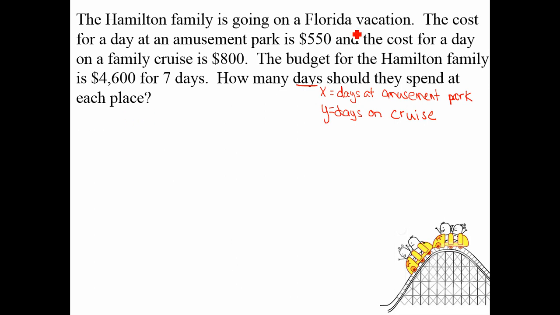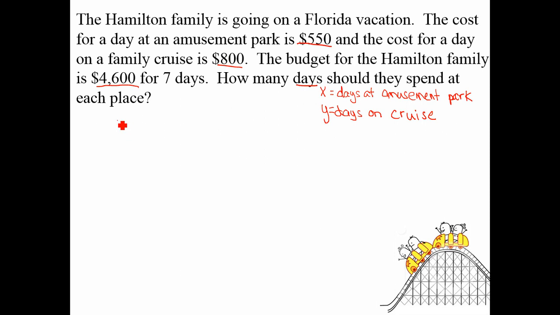So let's look at our first fact. The cost for a day at the amusement park is $550, and the cost for a day on the family cruise is $800. The budget for the Hamilton family is $4,600. So all of these are dollar values that we can think about together. So let's make one equation for that.